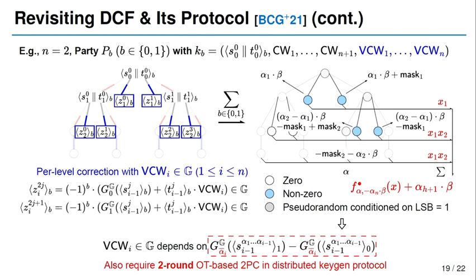And these additional DCF nodes are also corrected to ensure that by summing these additional nodes along the path alpha and the output of the DCF part, this gives the evaluation result of the comparison function f_alpha,beta. And to ensure this correction works, each VCW should also depend on some bit of alpha, and this bit is secretly shared in the distributed protocols. That is, we need two-round OT-based 2PC in the distributed key generation protocols for each VCW.